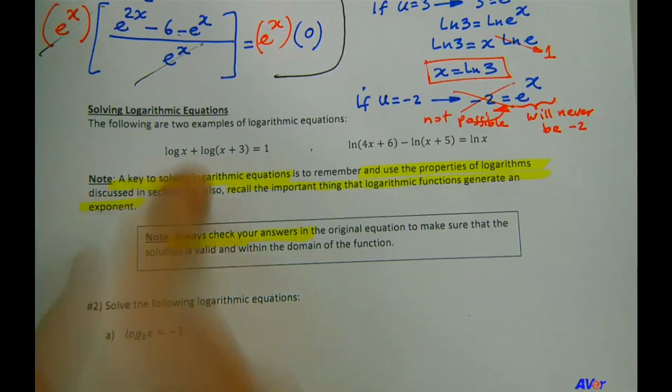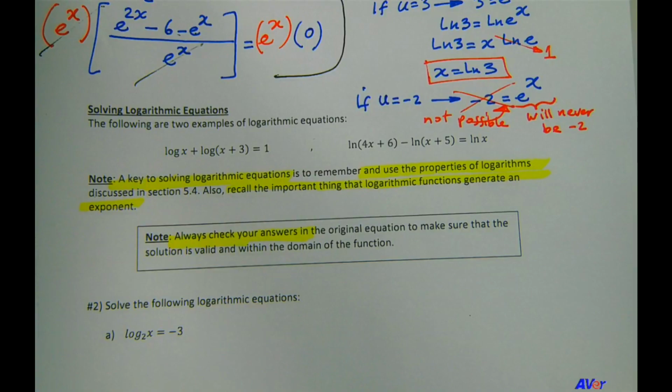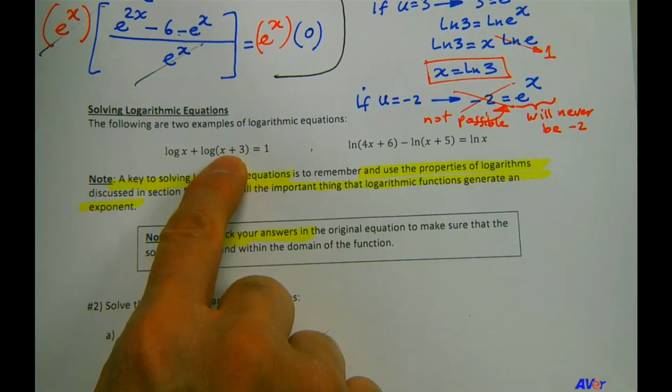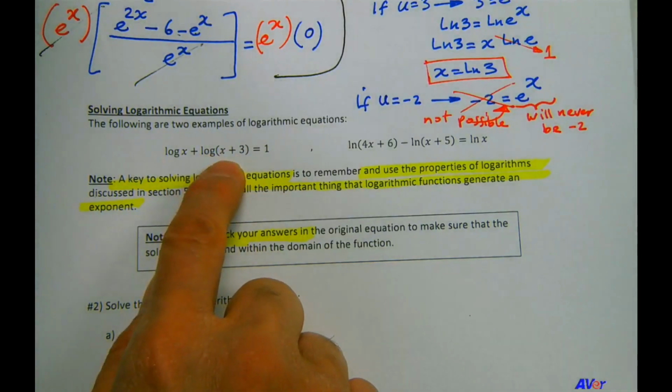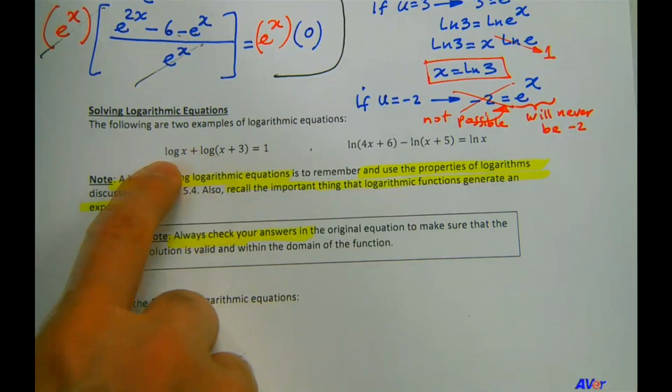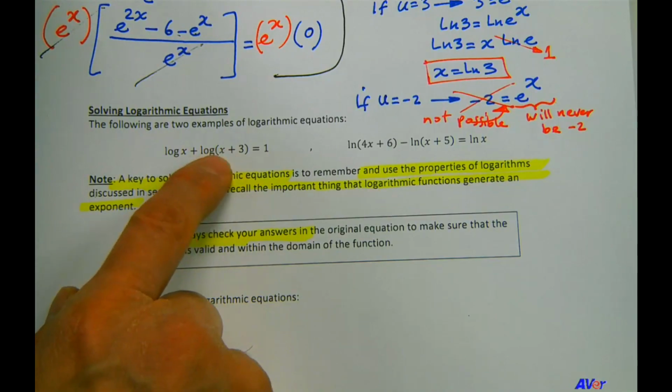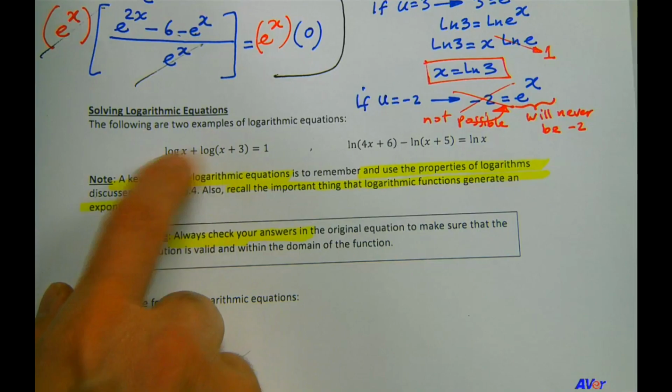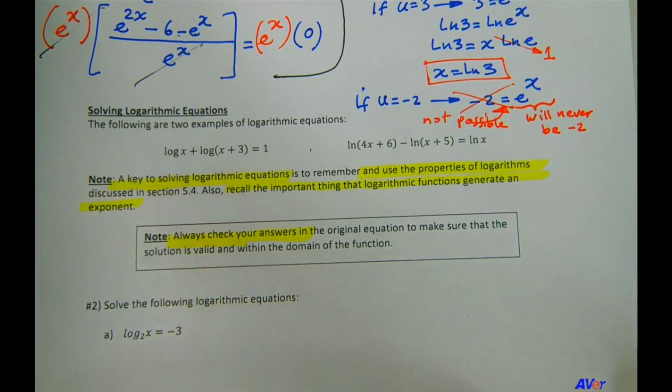But for log functions, the domain is anything that is positive. So if I solve this and I get two values, I must check back in here to make sure that this quantity is never negative or 0, and this quantity x is never 0 or negative. That's why we have to check back.